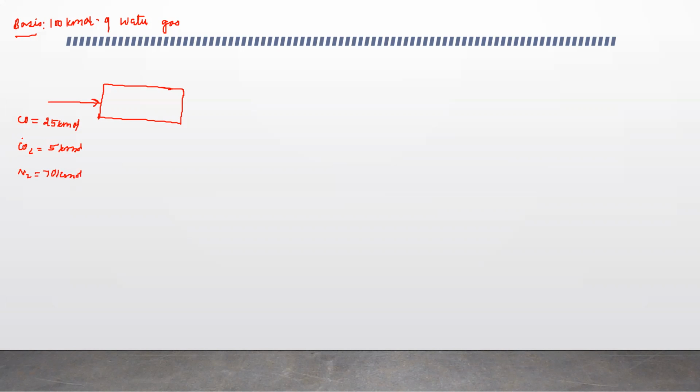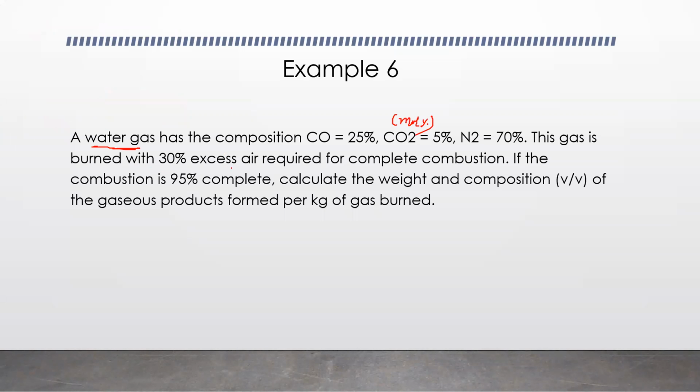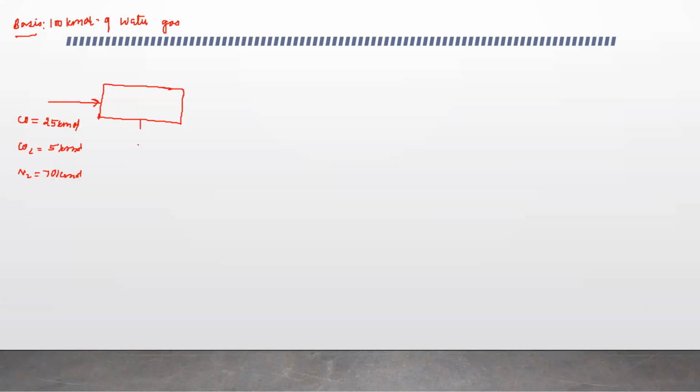And air is supplied 30% excess. And then the products of combustion will have carbon monoxide, carbon dioxide, nitrogen, and unreacted oxygen. So this is all what we have with us.